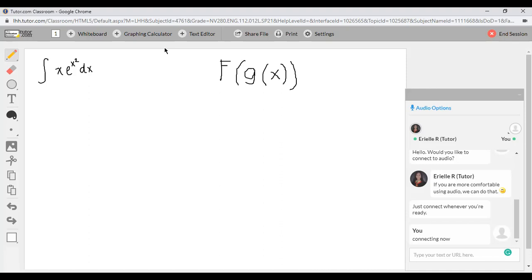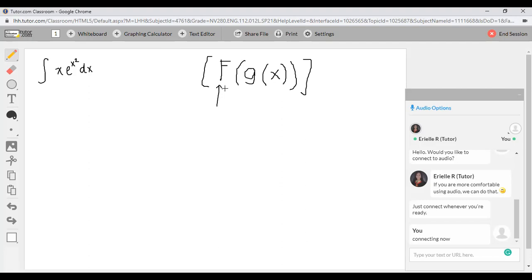So let's say we differentiate a function like this one, a function inside another function. We just need to demonstrate how this works so that you understand how we use the u-substitution for different problems. And is f the antiderivative?